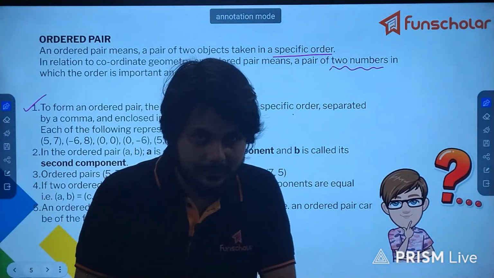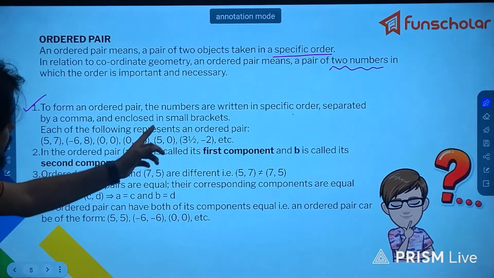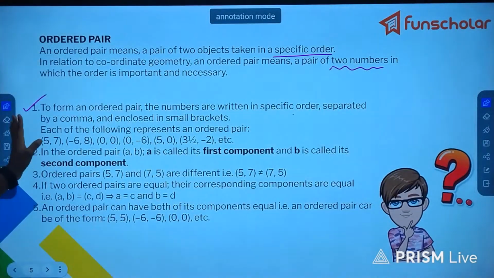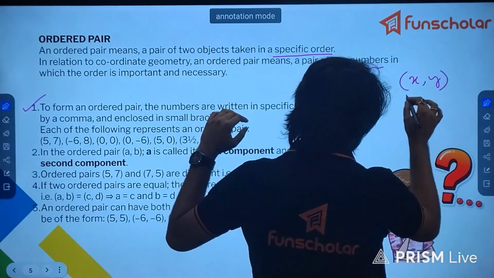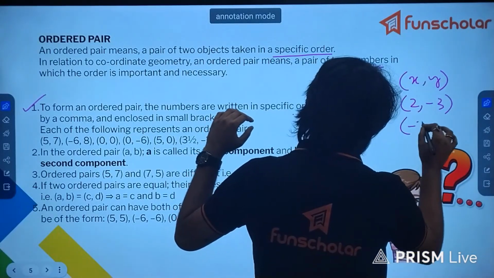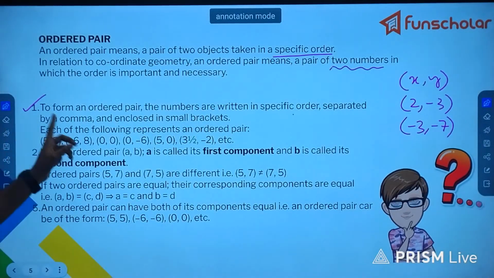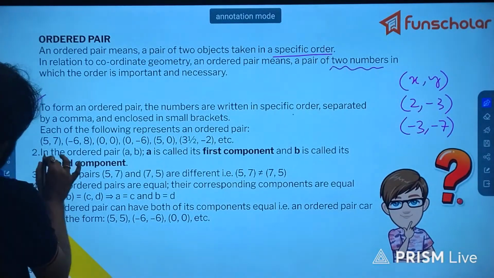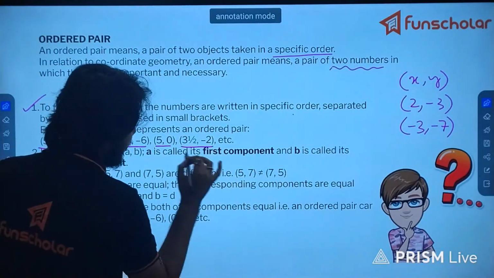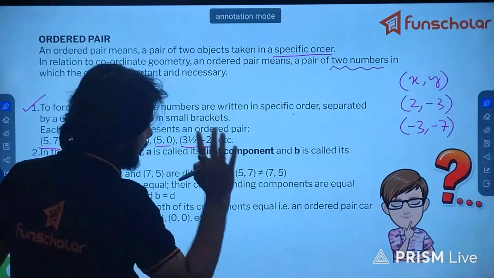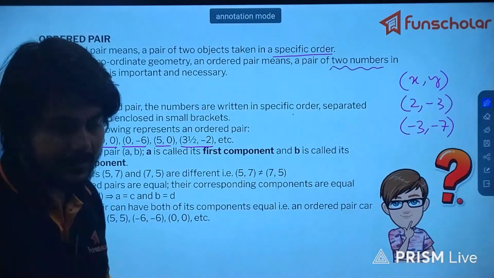Just see 2 or 3 examples, then it will be very clear to you. To form an ordered pair, the numbers are written in a specific order, separated by a comma. x comma y, 2 comma minus 3, minus 3 comma minus 7, etc. Each of the following represents an ordered pair: 5 comma 7, minus 6 comma 8, 0 comma 0, 0 comma minus 6, 5 comma 0, 3 1 by 2 comma minus 2, etc. All are examples of ordered pairs.